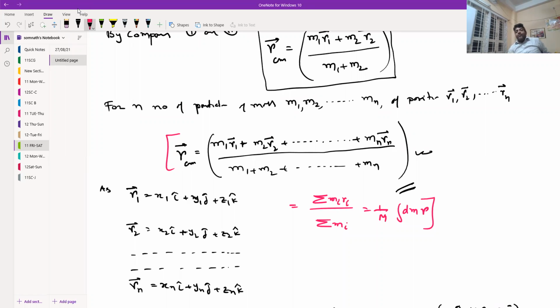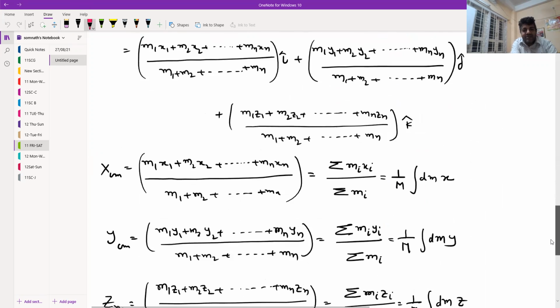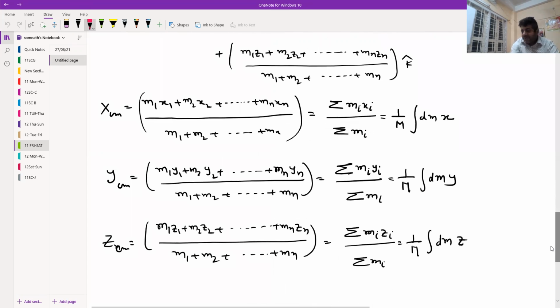Otherwise you ask, from where do you get this formula? So you can write the general formula also, but mostly we use these three formulas for x-axis, y-axis, and z-axis. I think you realize it's a very tough thing, but believe me, it's a very, very simple thing. It looks very tough, but actually it's very simple.